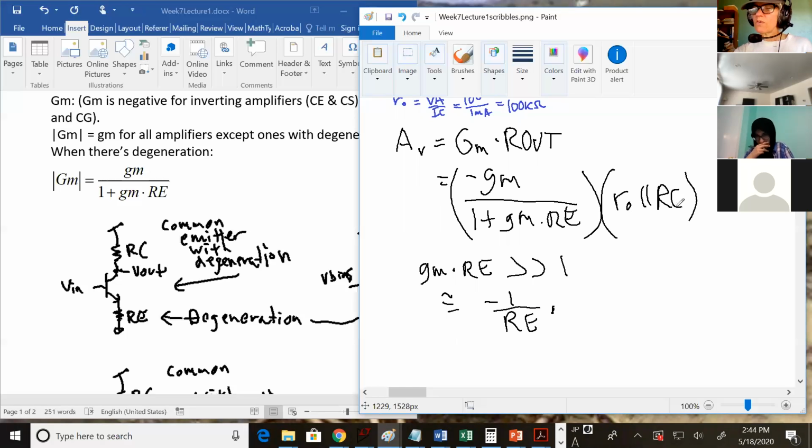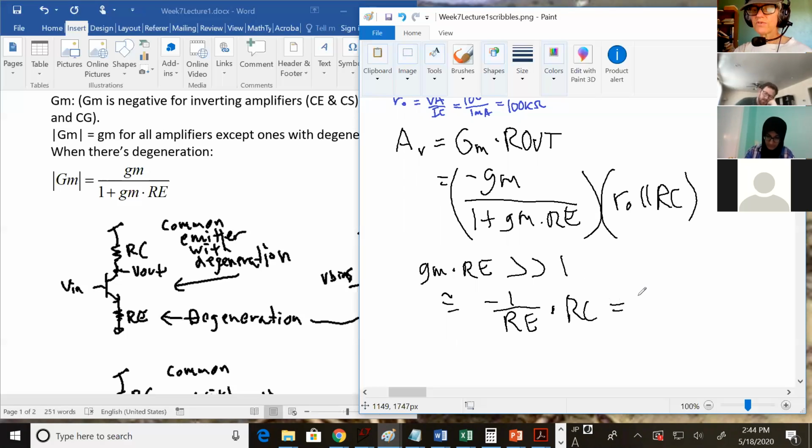And then if you put RO in parallel with RC, what probably happens? Approximately RC. Yep.